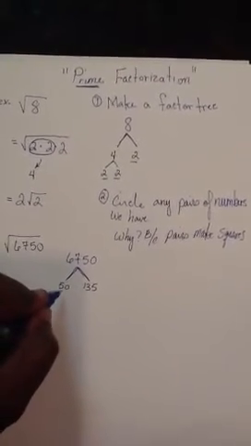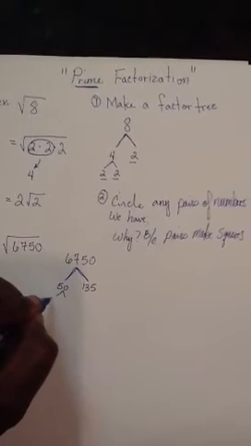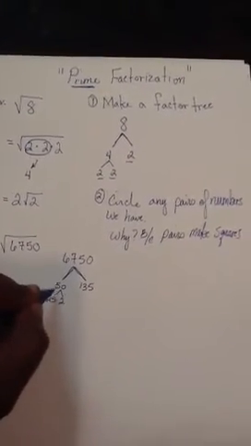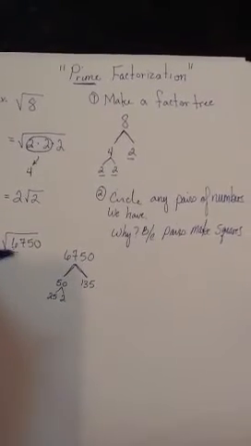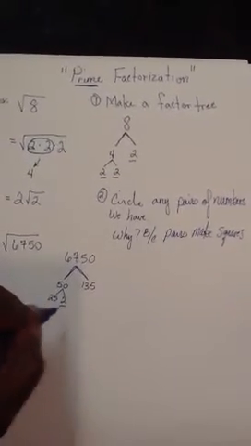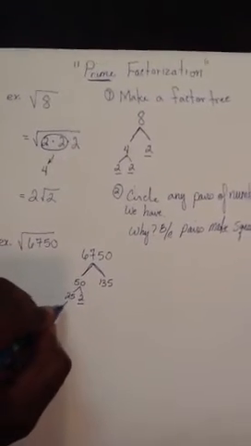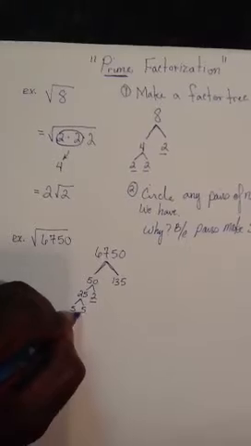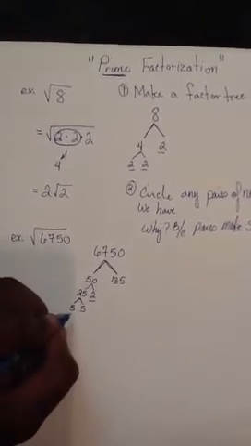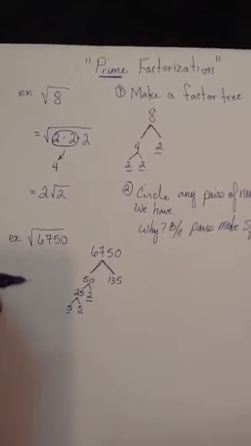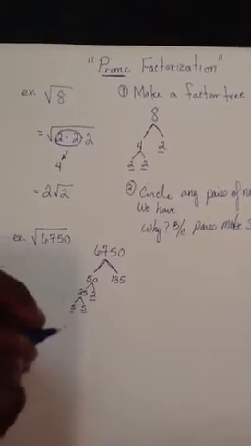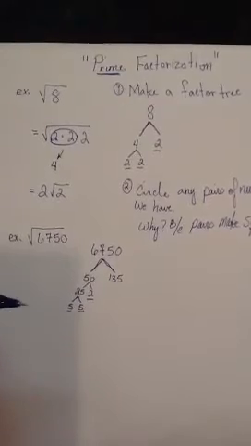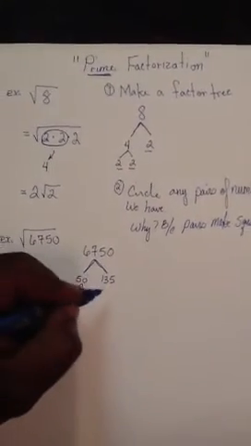So 50 isn't prime, but I know that I can take 25 times 2. That will give me 50. 2 is prime, 25 is not. 25 is actually 5 times 5. Those are prime. The only number that goes evenly into 5 is 1 and itself.